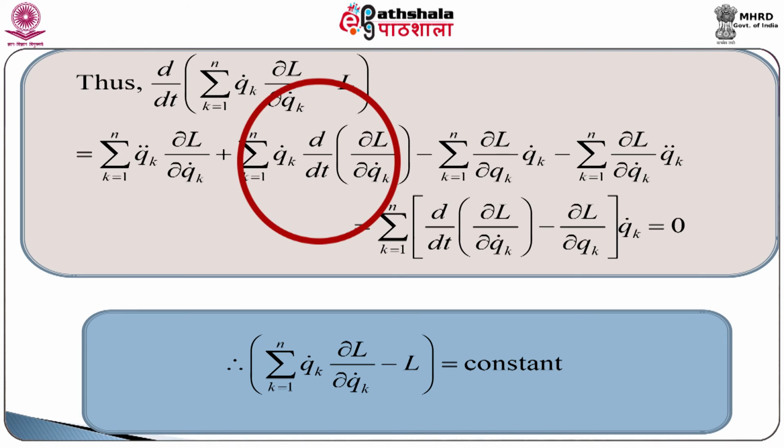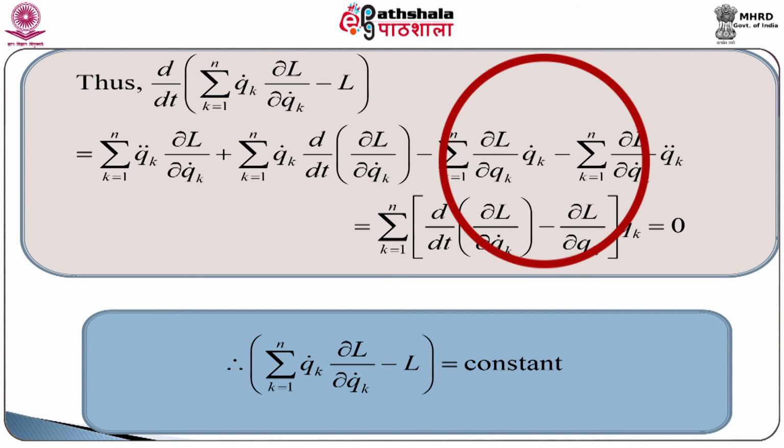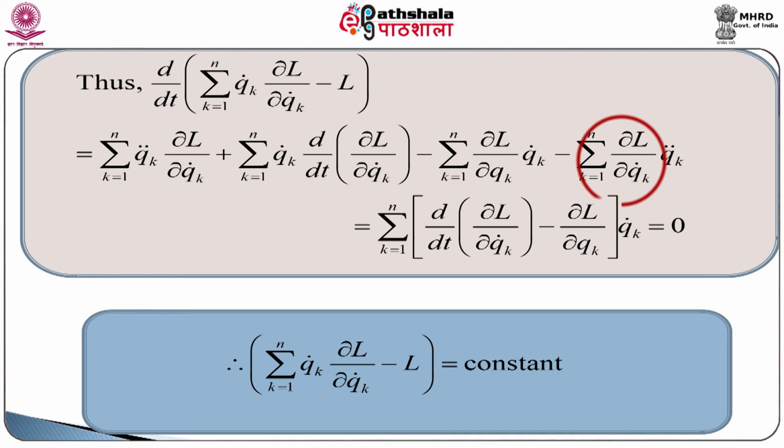These two terms come from this one after taking the time derivative, and dL/dt gives these two terms. This term, that is last term and first term, cancel each other.